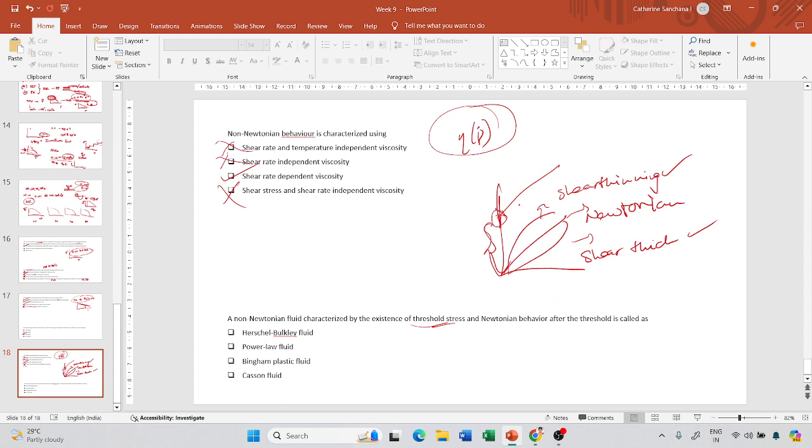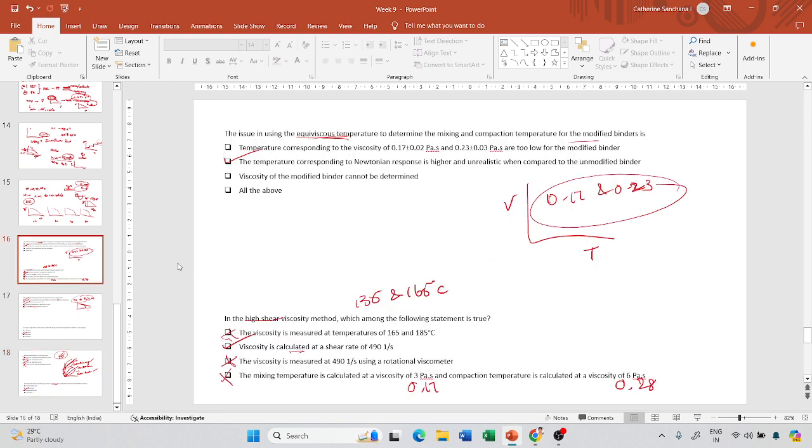Okay, this is the threshold stress for the material to start deforming. Once it starts deforming, it can either have a constant viscosity or a shear thinning viscosity or shear thickening viscosity. Okay, and this behavior where it has a threshold stress and follows a Newtonian behavior is called a Bingham plastic fluid. Okay, so these are the questions for this week.